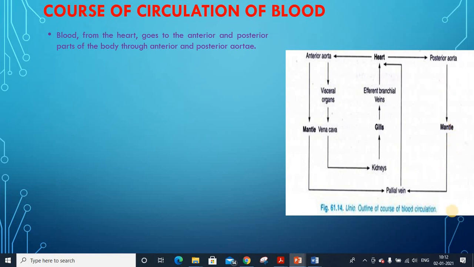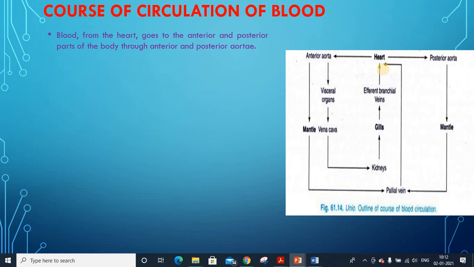Here you can see from the mantle it is conveyed to the auricle through the pallial vein, and from the pallial vein to the heart. Similarly, a similar pattern also from the anterior aorta to the mantle, from the mantle to the pallial vein, and to the auricle of the heart.